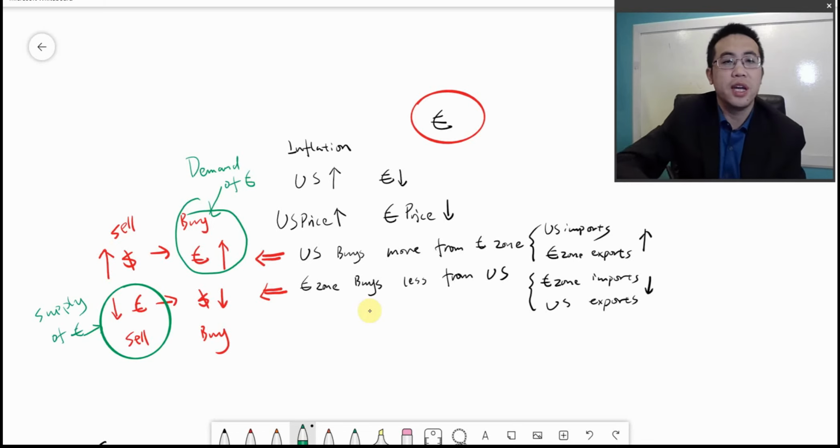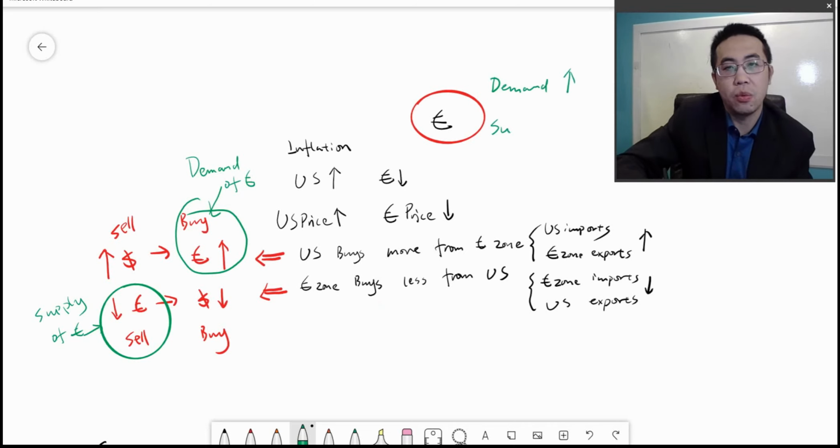So you're looking at a higher demand and a lower supply. For euros, the demand would go up and the supply would go down. The joint result would be that the euro price goes up, so the euro will appreciate.